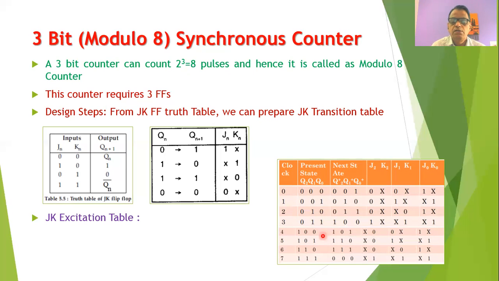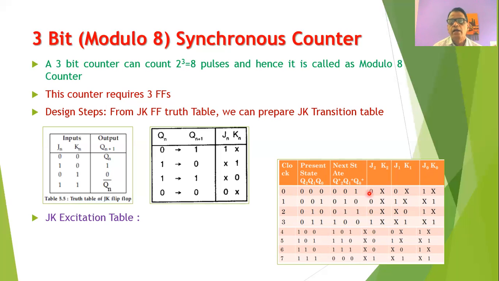After the fourth clock pulse, present state will be 100, next state will be 101. Then after the fifth clock pulse, present state will be 101, next state will be 110. After the sixth clock pulse, the next state will be 111. And after the seventh clock pulse, one can easily observe that the counting is over because there are already 8 states, and therefore the next state will be 000.